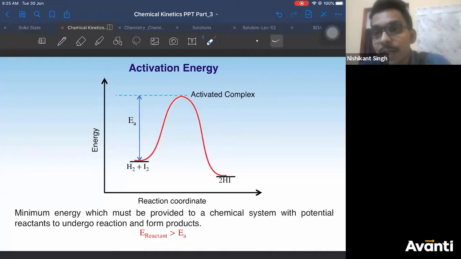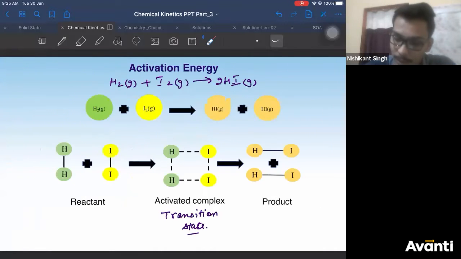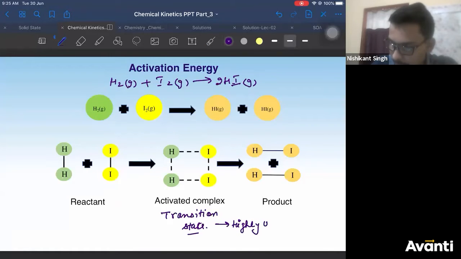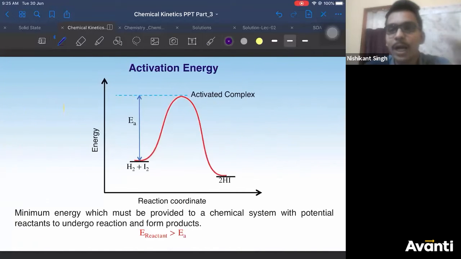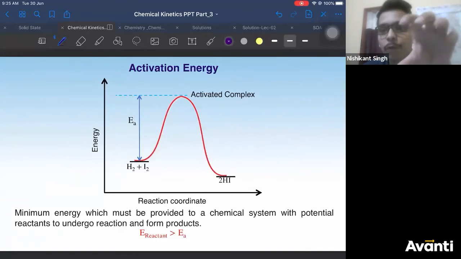And activated complexes are highly unstable. So you cannot isolate them. Before you can isolate them from the reaction mixture, they will decompose. They are formed only in the solution. You cannot separate them out.